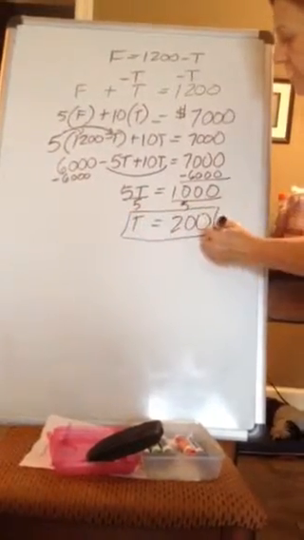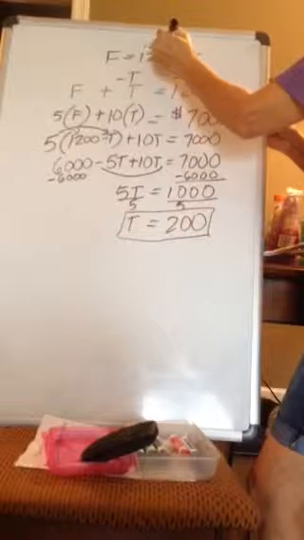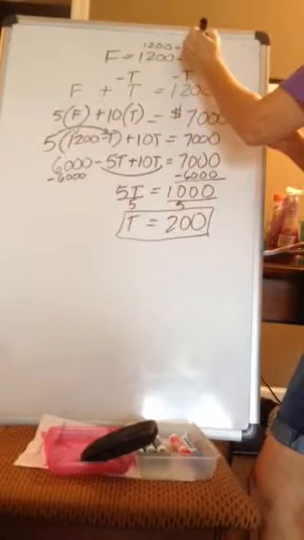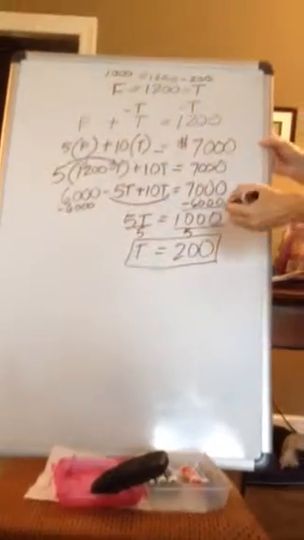If I have 200 10s, I can then plug 200 into my equation at the top, and that means I must have 1,000 5s.